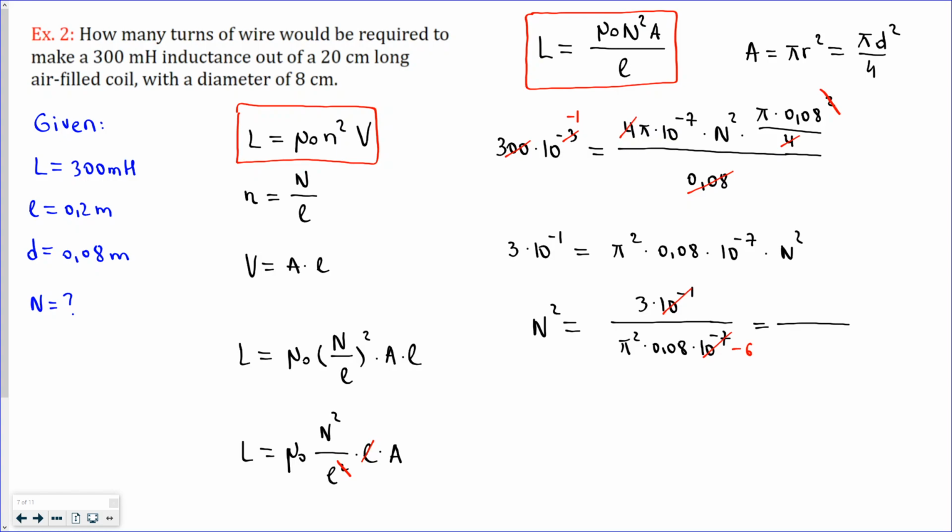And if we consider pi as 3, then this will cancel out and we have just 3 here. And it means 1 over 3 times 0.08 times 10 to the minus 6.